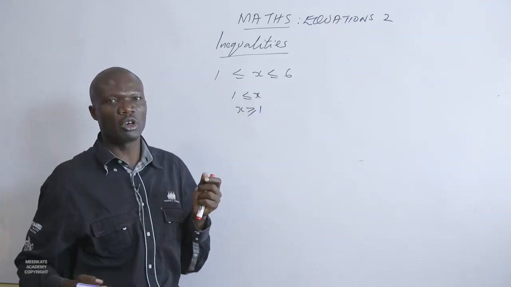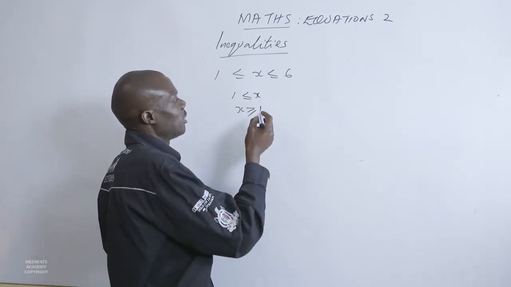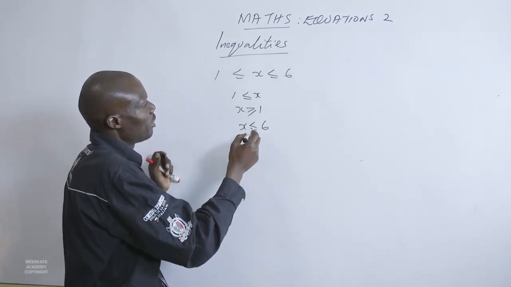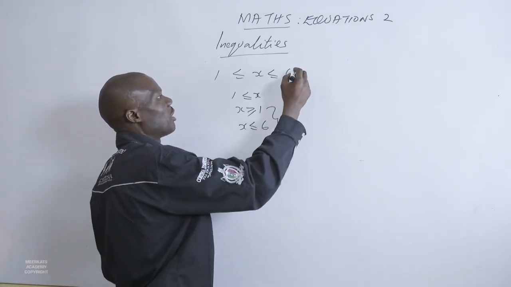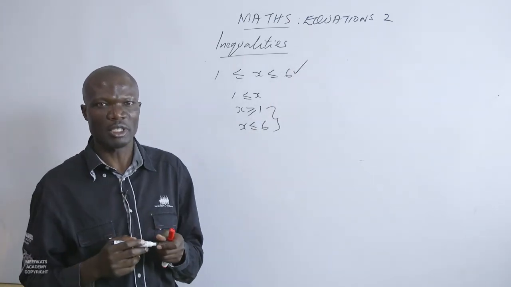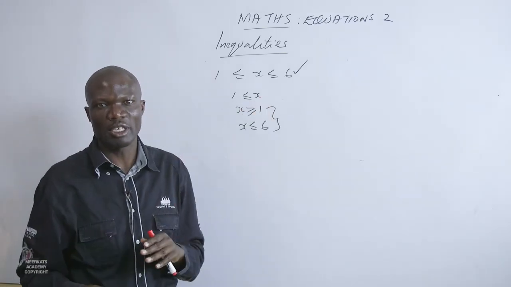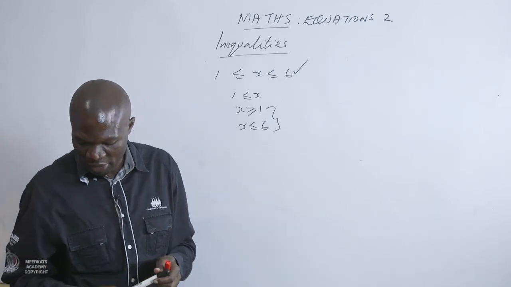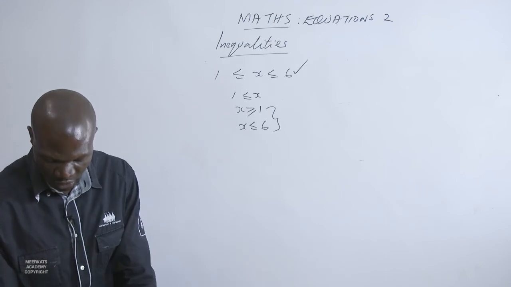And when you look at the other side, we have x is less than or equal to 6. Now, these two inequalities all represent this one piece of information. So we should be able to come from two inequalities to form a range of inequality, or come from a range of inequality to form two different inequalities.